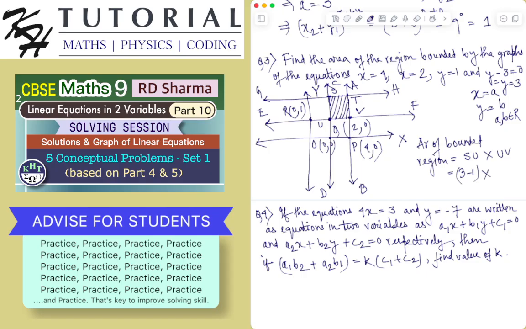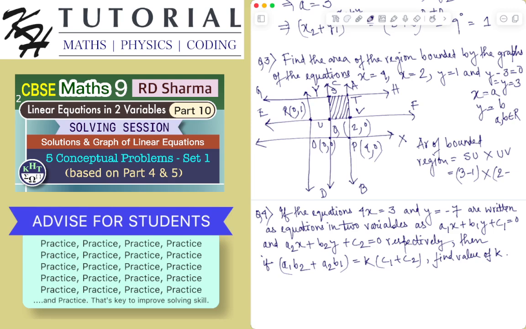The length of UV will be equal to the abscissa of the point V minus the abscissa of the point U. The point V is lying on the line AB, which is at a distance 2 from the origin. So the x coordinate or abscissa of point V is 2. So 2 minus what will be the abscissa of point U. The point U is lying on the line CD, which is at a distance 2 from the origin.